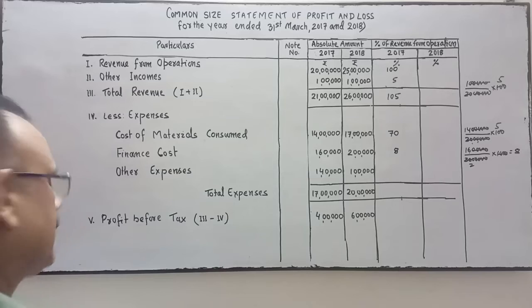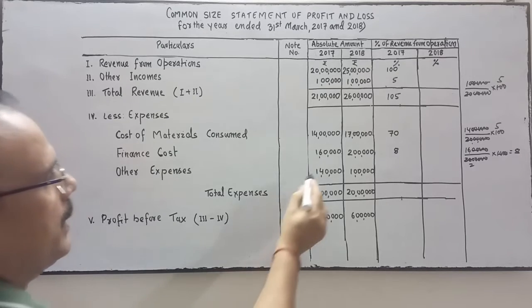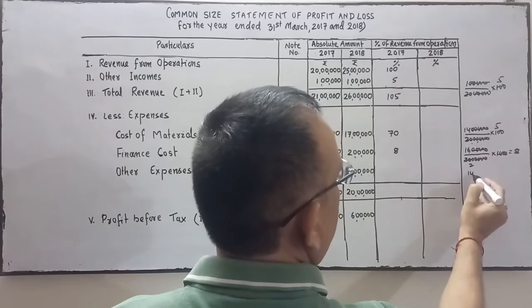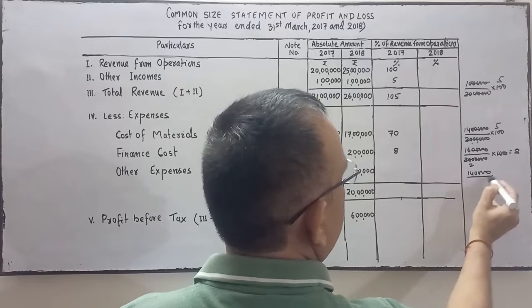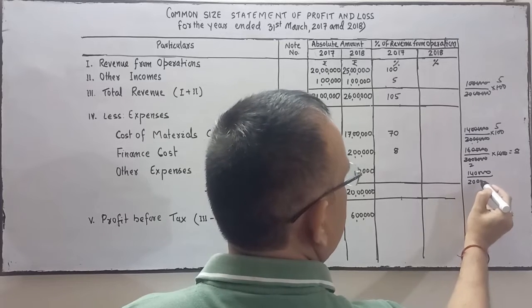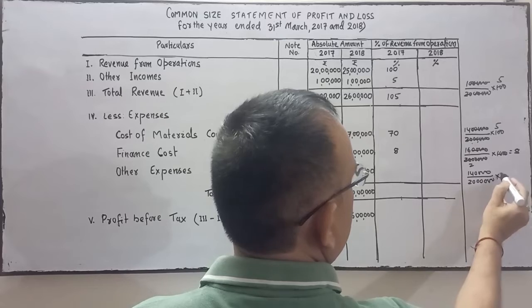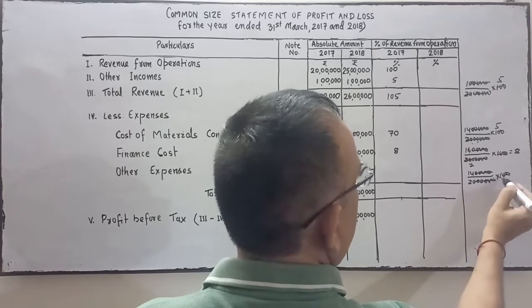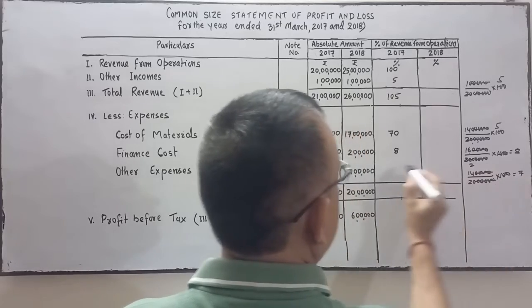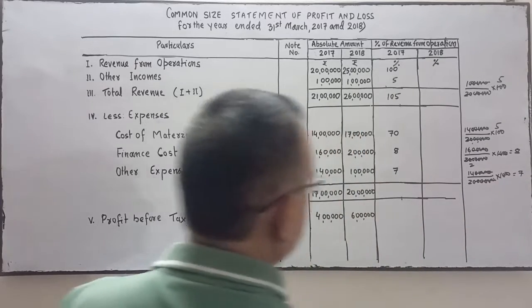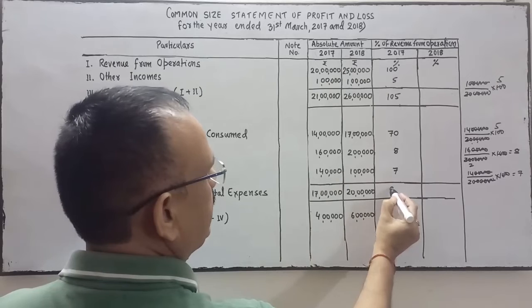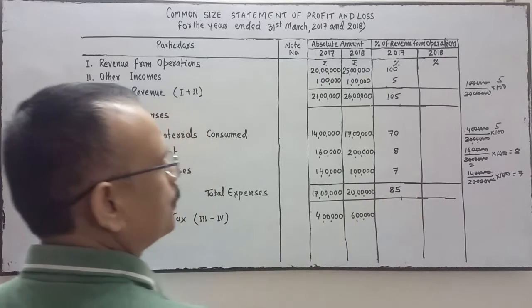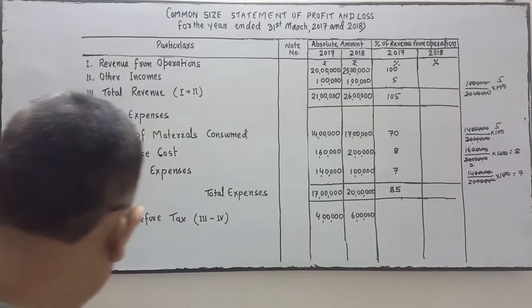Okay, next is 1,40,000 upon total revenue from operation 20 lakhs into 100. So it is 7%. Total is 85%.